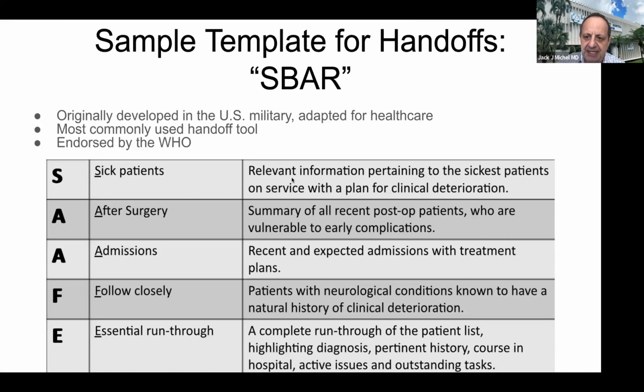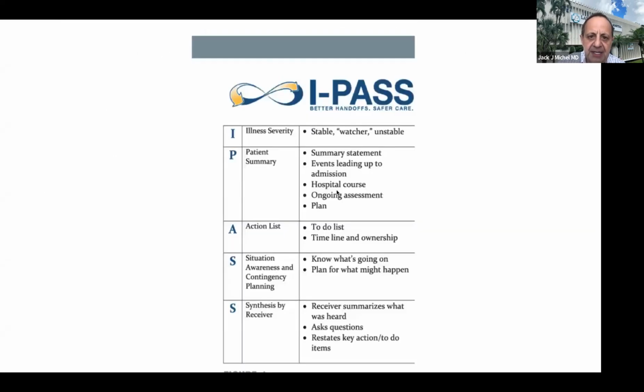Sick is, what is the relevant information on the sickest patients, summary of recent post-op patients that are vulnerable, and recent and expected admissions with treatment plans, and then patients with neurological conditions who have deteriorated, and a complete run-through of the patient list, highlighting diagnosis, history, course in the hospital, active issues, and outstanding tasks. You see a common pattern, right?